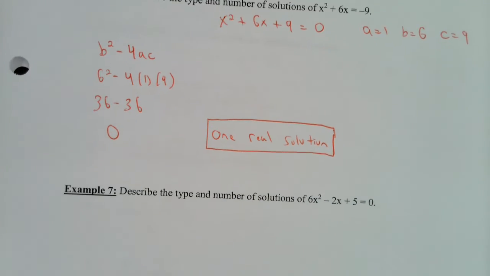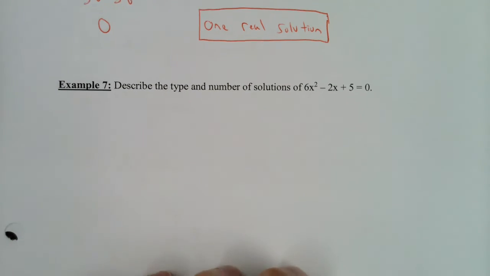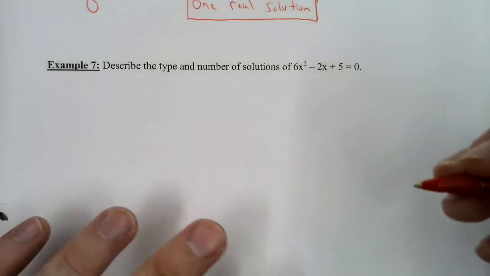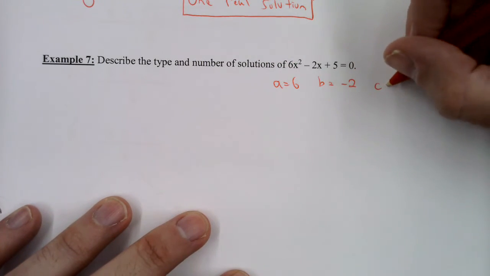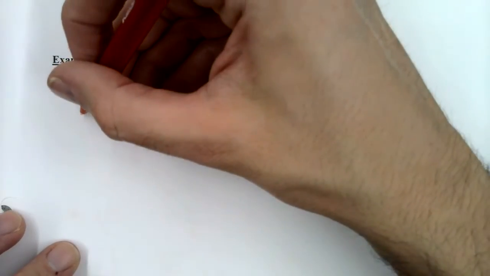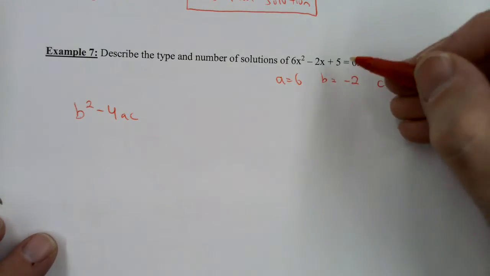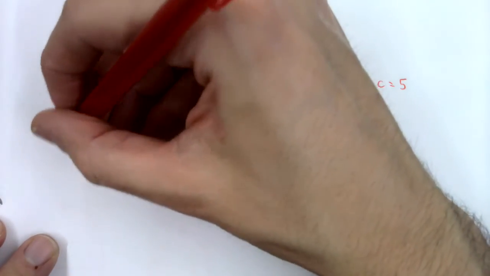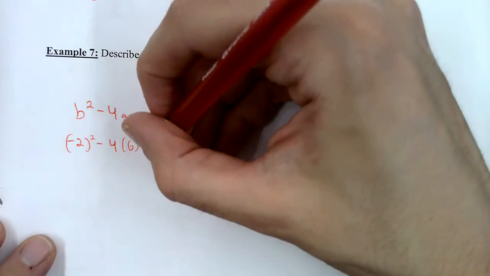And this last one, I'm sure you can guess the answer ahead of time, because there are 3 types, 3 possibilities, and we have 3 examples in the notes. a equals 6, b equals negative 2, and c equals 5. Let's evaluate the discriminant of b squared minus 4ac. So negative 2 squared minus 4 times a, which is 6, times c, which is 5.